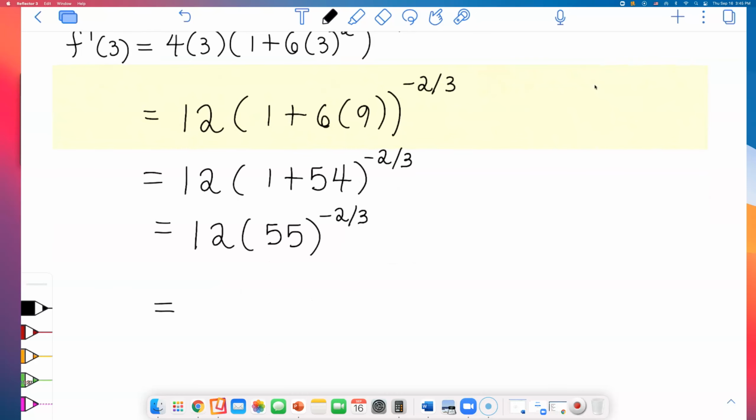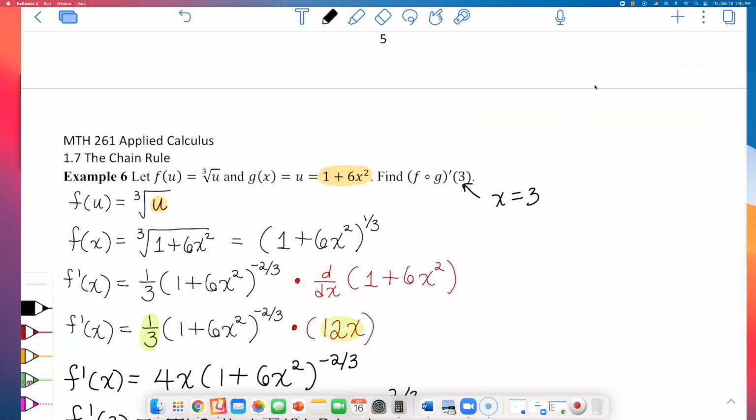So that is 12 on top of the fraction, and I'm going to send the 55 to the denominator and write it as 55 raised to the 2/3 power.